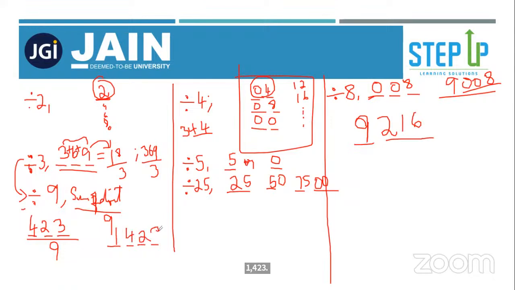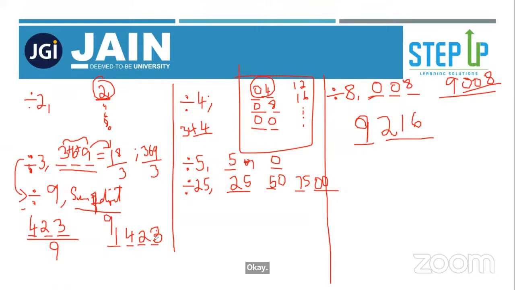If you add them, what do you get? Ten. Is 10 divisible by 9? No. Then that number is not divisible by 9.